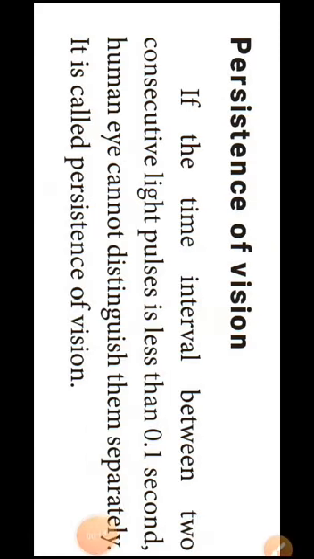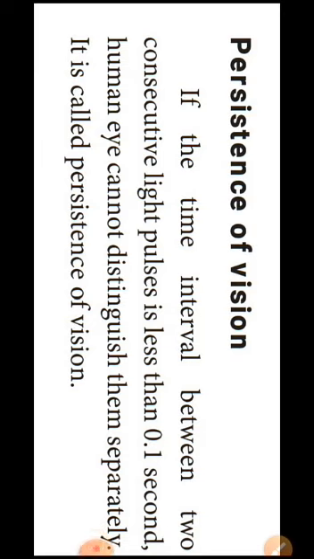The next topic, persistence of vision. If the time interval between two consecutive light pulses is less than 0.1 second, the human eye cannot distinguish them separately. It is called persistence of vision.